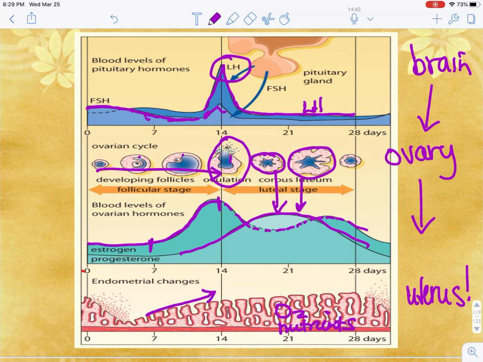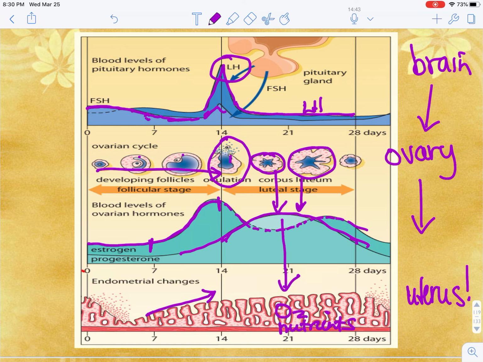It's still going up and down here, but in the second half of the cycle, the biggest hormone that we have to recognize is progesterone, because between day 14 and day 28, it is the highest amount, and it is causing this maintaining of the uterine lining.